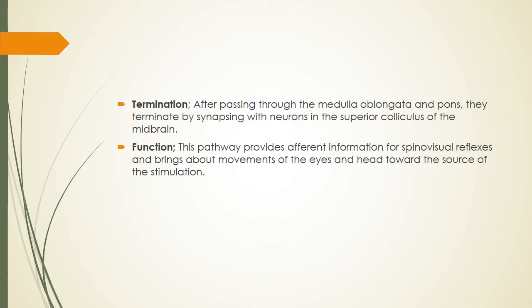After passing through the medulla oblongata and pons, they terminate by synapsing with neurons in the superior colliculus of the midbrain. Now the superior colliculus is a nucleus present in the midbrain in the part called the tectum. That's why this tract is known as the spinotectal tract.